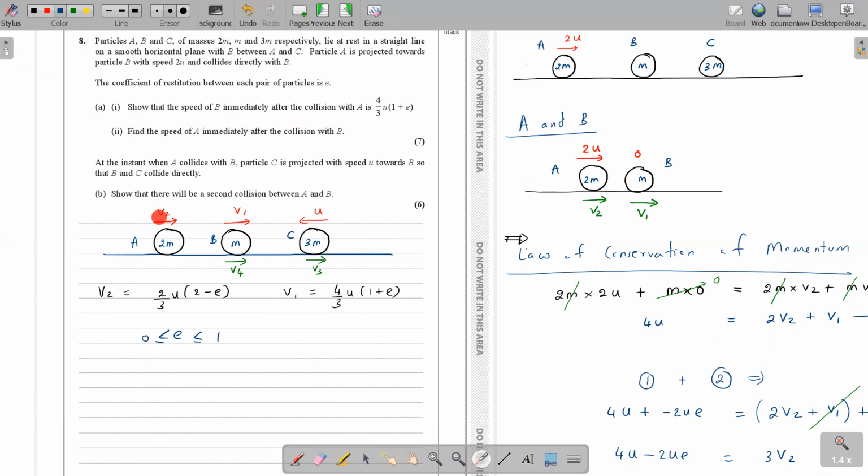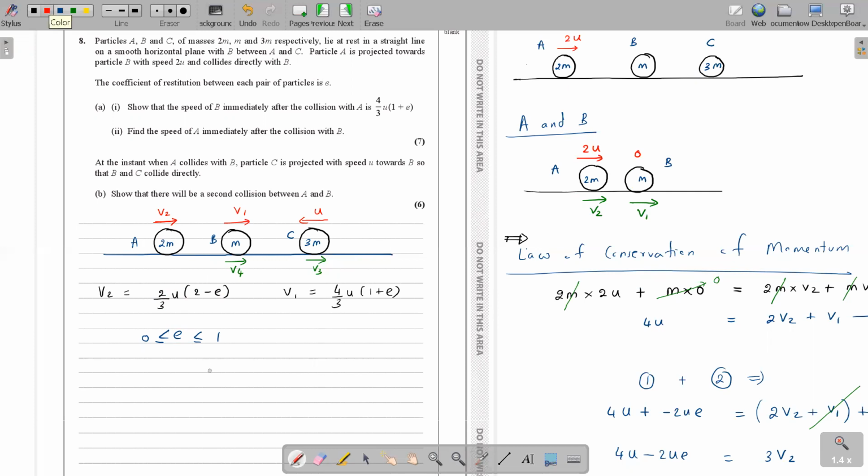But looking at this v2, since e is always between 0 and 1, the bracket 2 minus e is always positive, regardless of what your e value is. So you can surely see that your v2 answer is positive, which means the direction that I have chosen is correct.